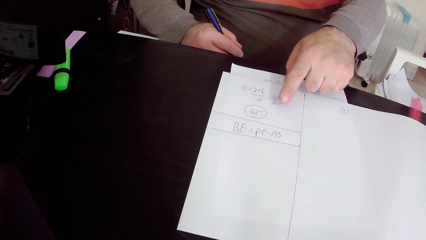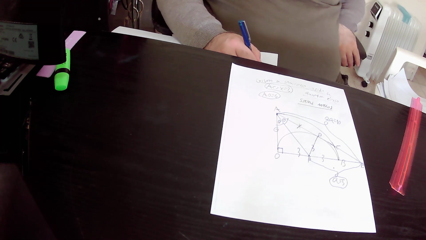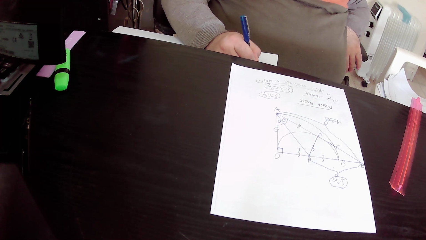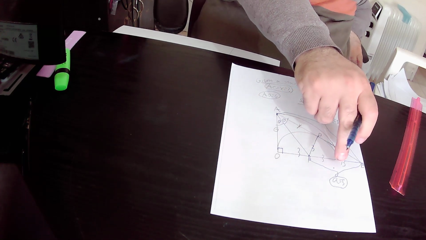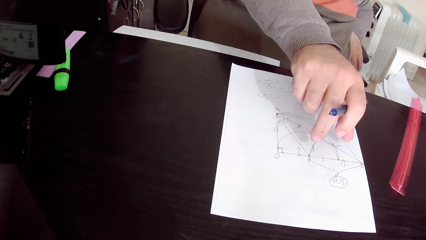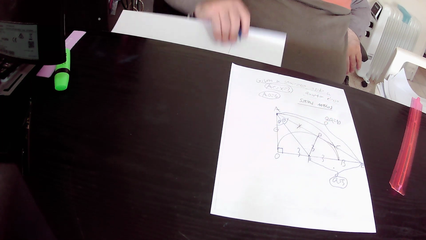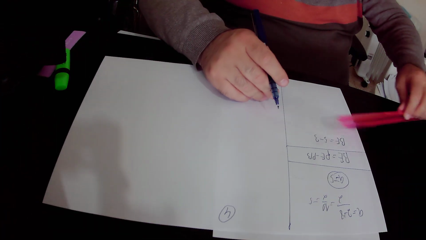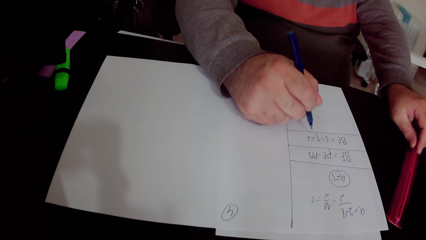Repeat again, BE equals PE minus PB. So BE equals PE, PE is 5 units, minus PB. PB equals 3 units, it is the radius of the semicircle. So in conclusion, BE equals 5 minus 3, that is 2. So BE equals 2 units.